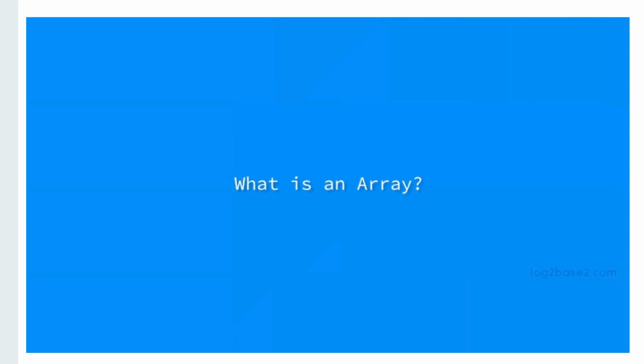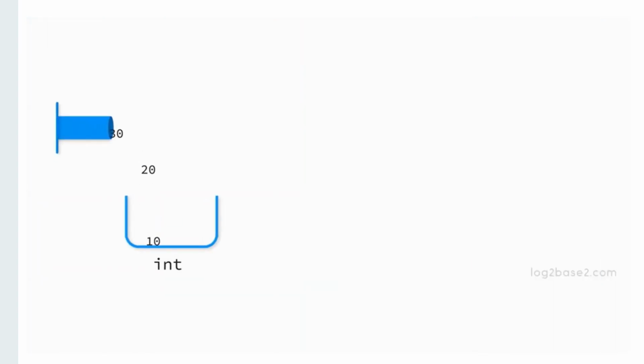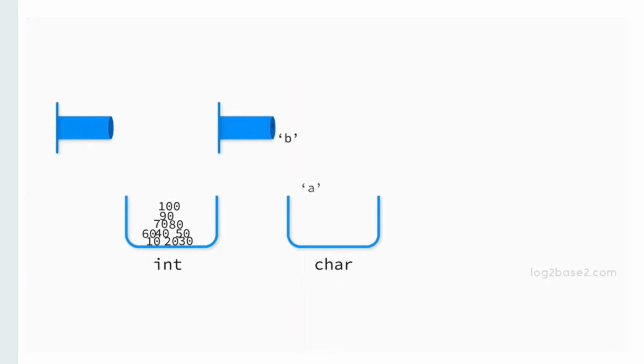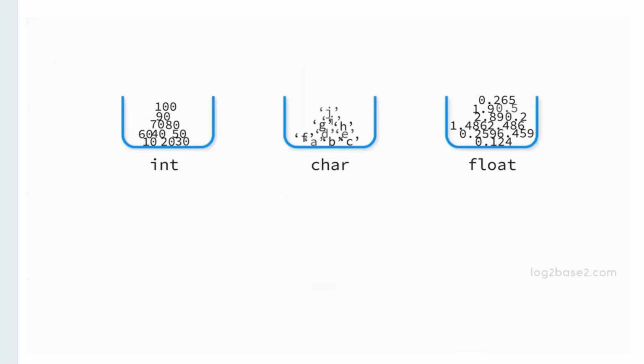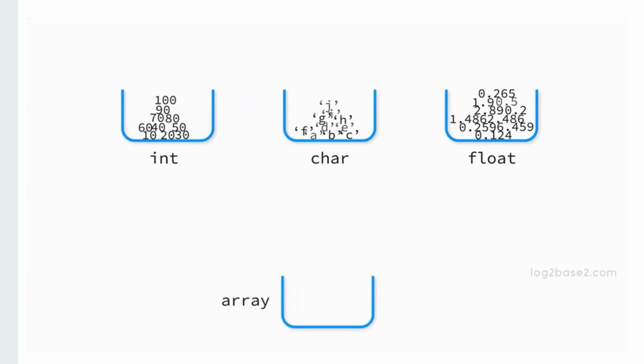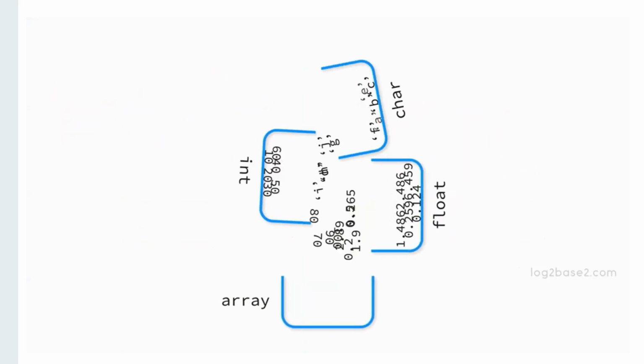So what is an array? An array is a collection of variables of the same data type, like a collection of integers, or characters, or floating-point numbers, etc. But we can't group different data types in the same array.